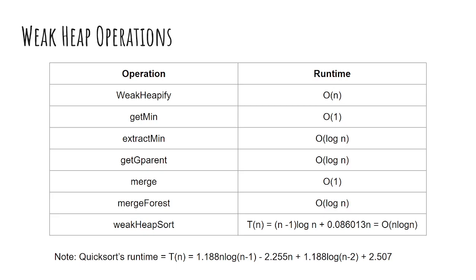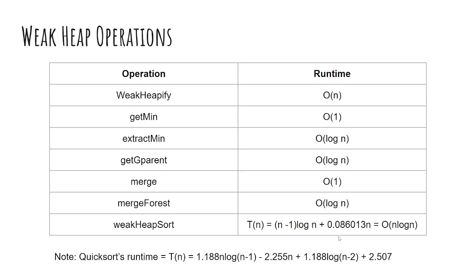So B would either have to be node A's right son, or it would be to the left from node A's right son, and that's essentially how you get the grandparent.